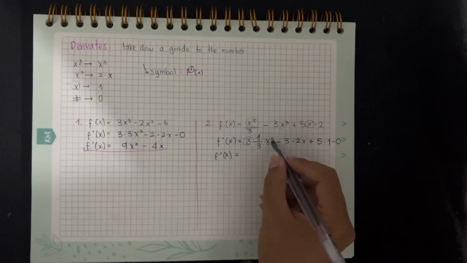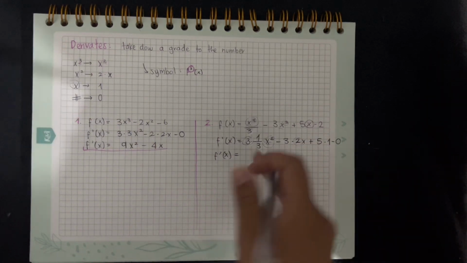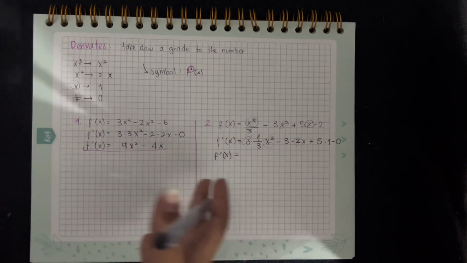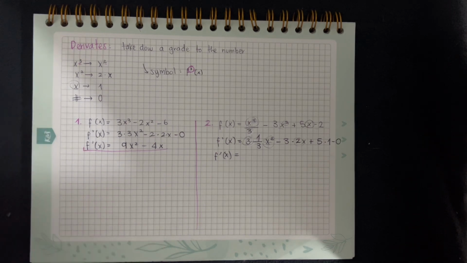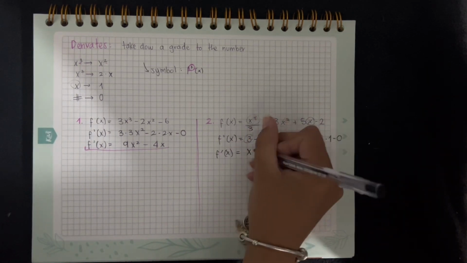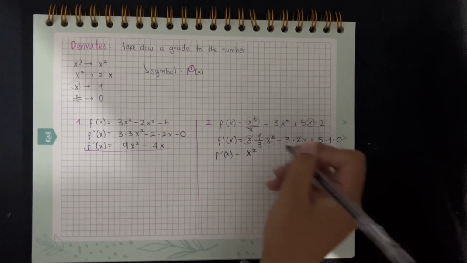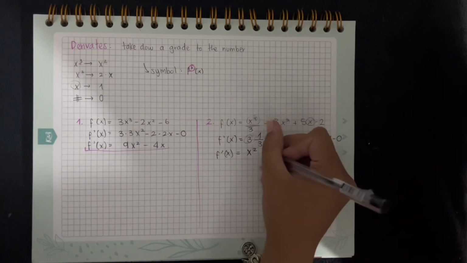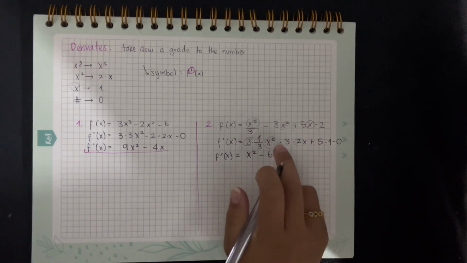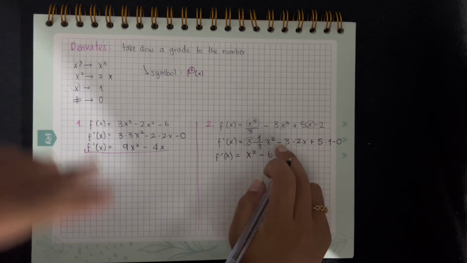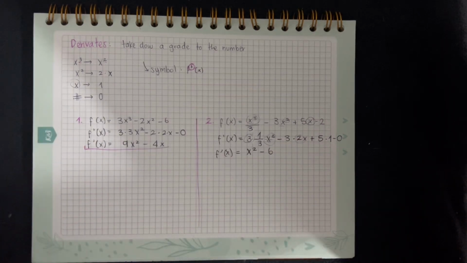But we maintain this x². As it is just 1, we can choose not to write it, so I will not write it. So x² just, then 3 times 2 is 6, so minus 6. Remember always to maintain these symbols like the plus or the minus. They're really important to maintain.